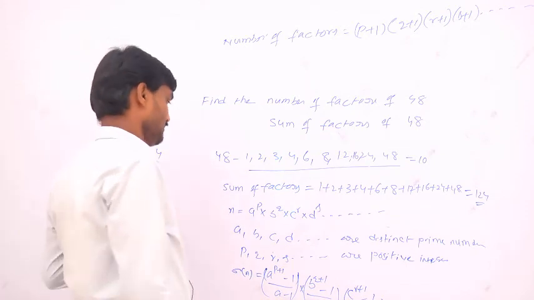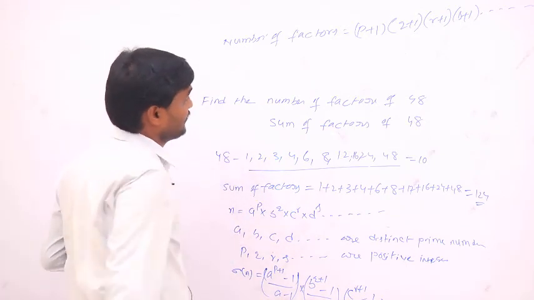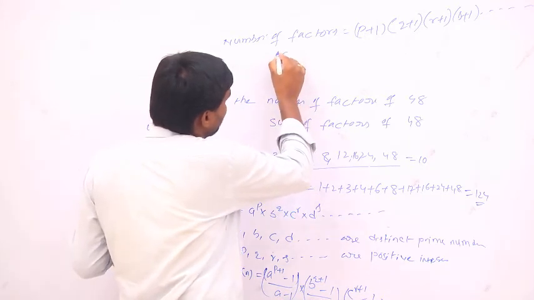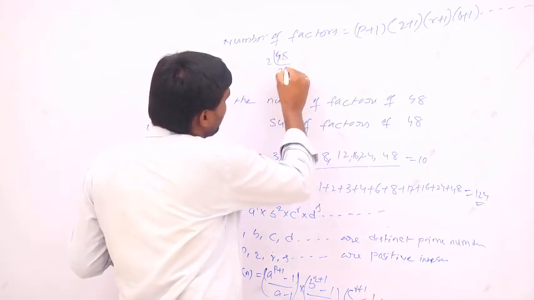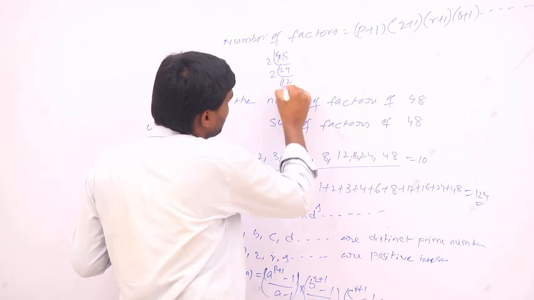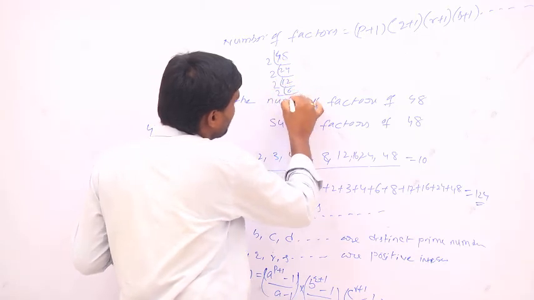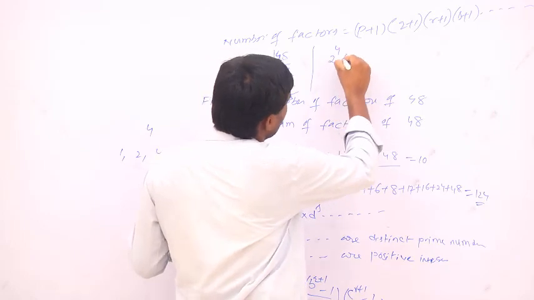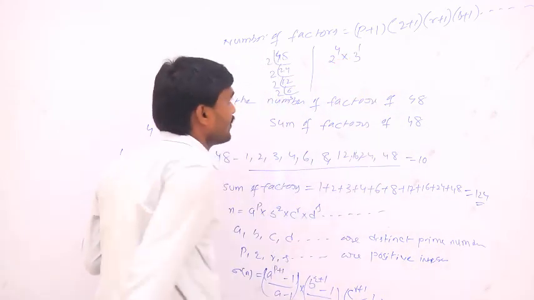Suppose you take 48. Writing it as a product of primes: 48 is 2 times 24, 2 times 12, 2 times 6, 2 times 3. That means it is 2 power 4 into 3 power 1.